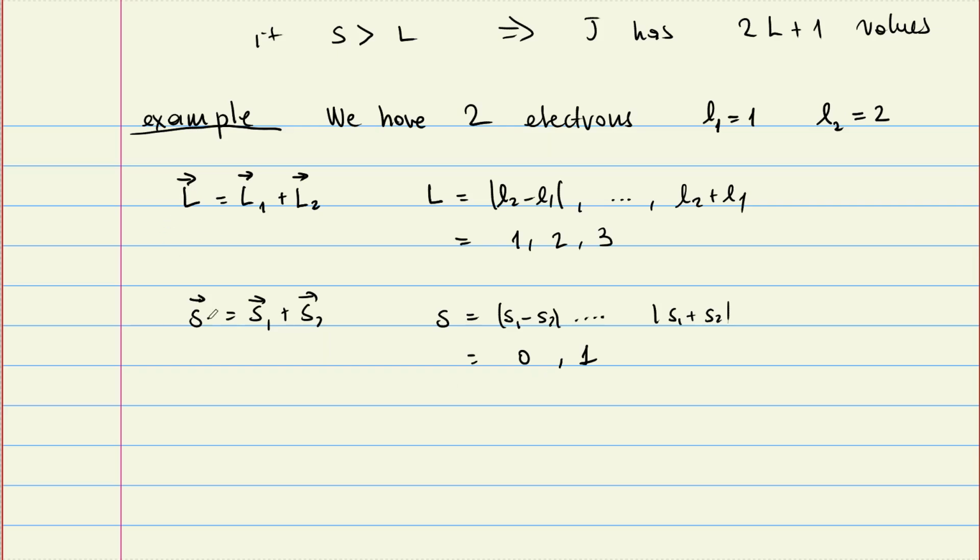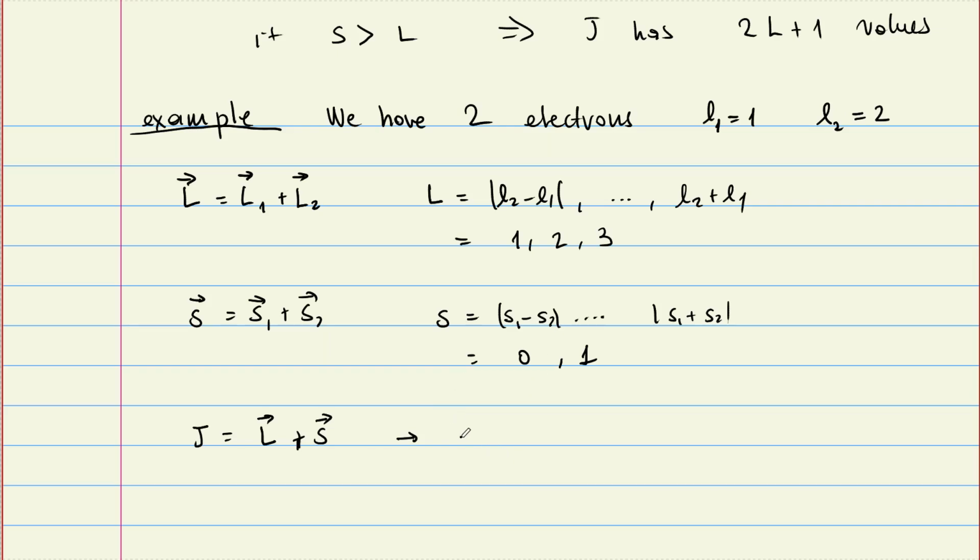Now I added L and I added S. Now let's add J. J is equal to L, without any index, this is total, plus S. Now each one I have to add one by one. Let's tabulate it.